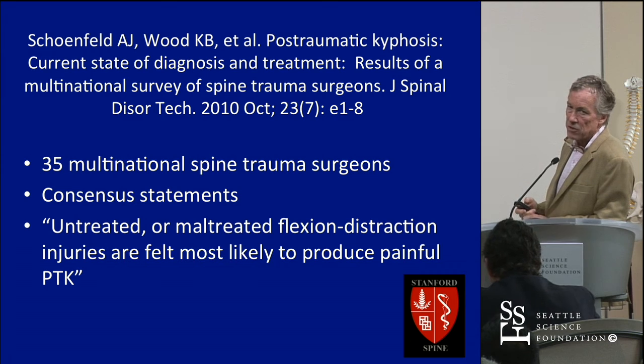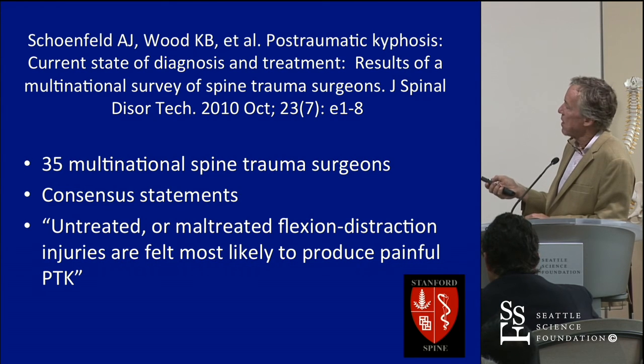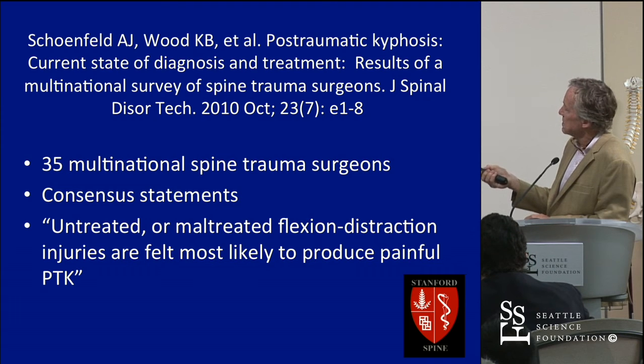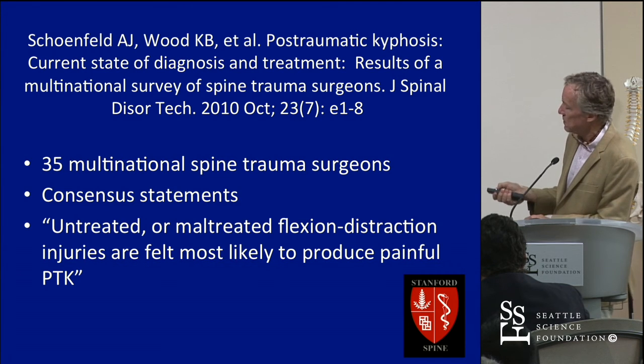That's the maltreated or neglected burst fracture that was truly a flexion distraction type injury, but missed because of some of those subtle MRI findings. Because that diagnosis most often ends up with what we call post-traumatic kyphosis. In this consensus statement, again from a similar group, it was those untreated or maltreated flexion distraction type injuries.